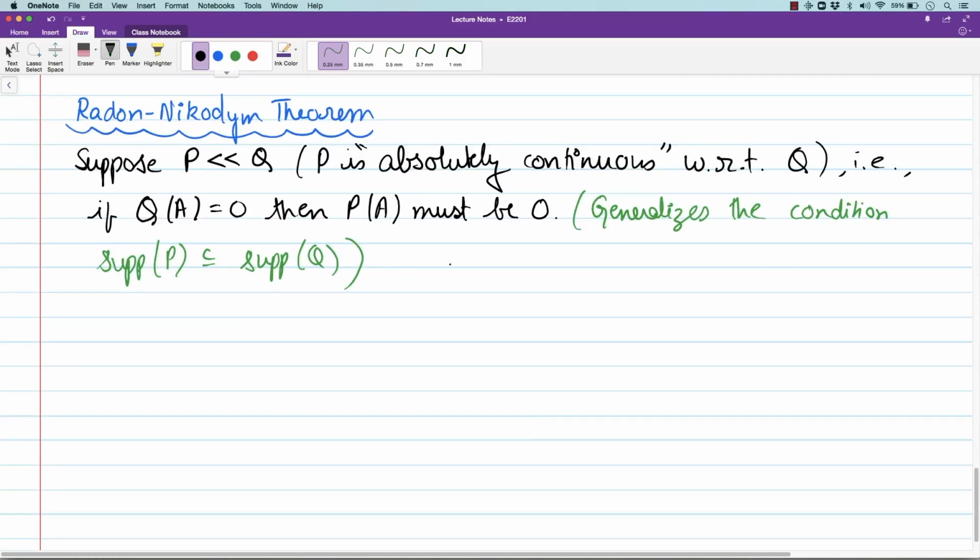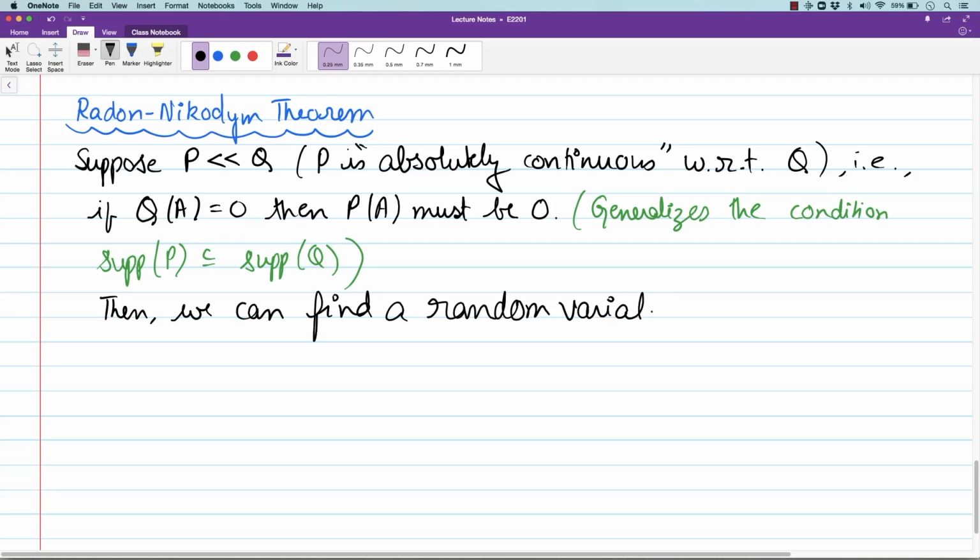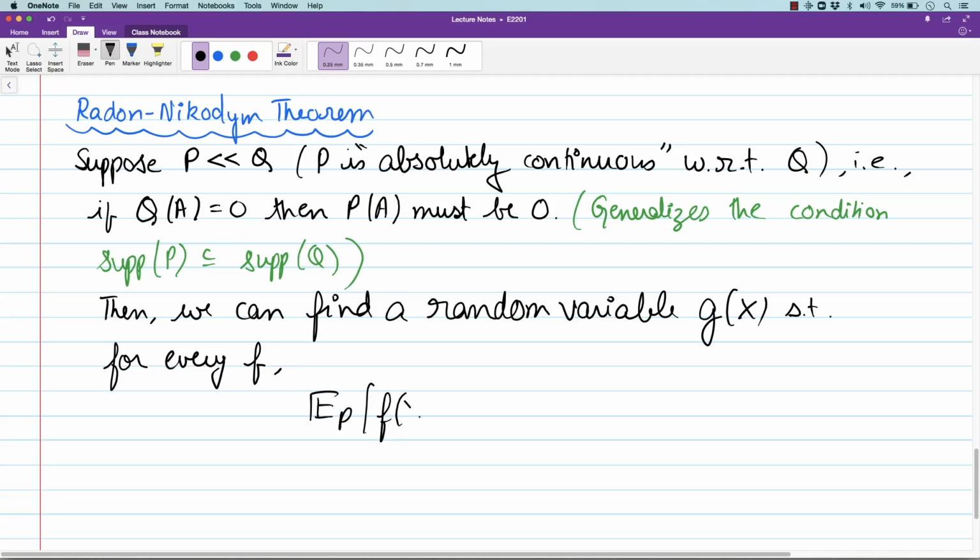For the discrete case, this condition holds if and only if support of P is contained in support of Q. Then we can find a random variable, just a function g(x), such that for every f, the expected value under P of f(x) is equal to the expected value under Q of g(x) f(x).